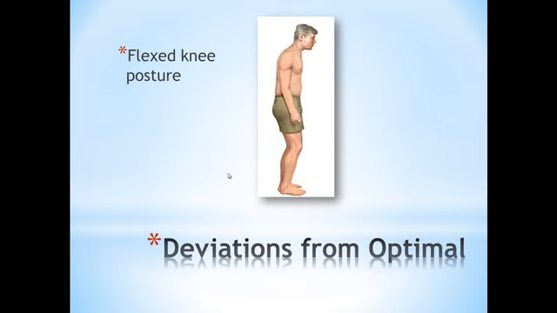And what starts to happen then in this flexed knee standing posture is the line of gravity passes posterior to the knee joint axis. And as a result of this posterior orientation of the line of gravity, the quad muscles have to engage to maintain that erect position.